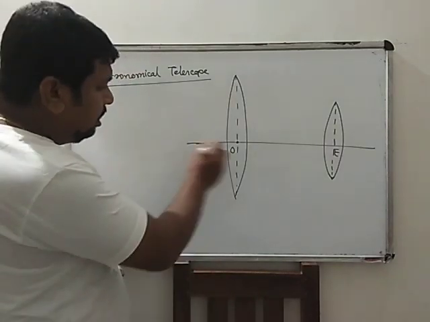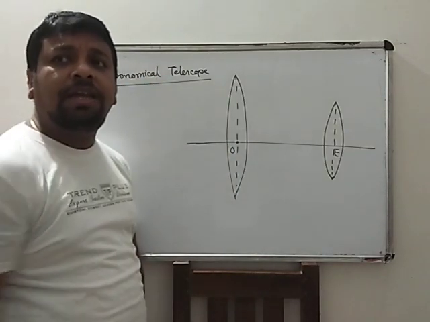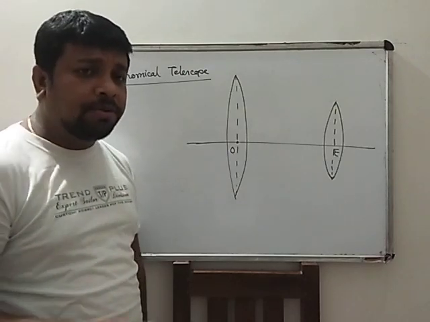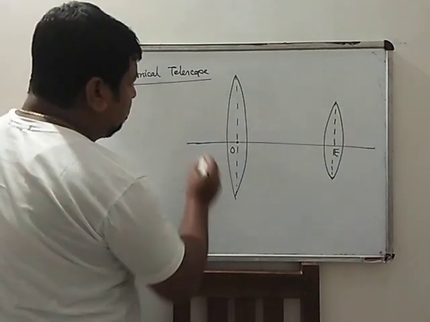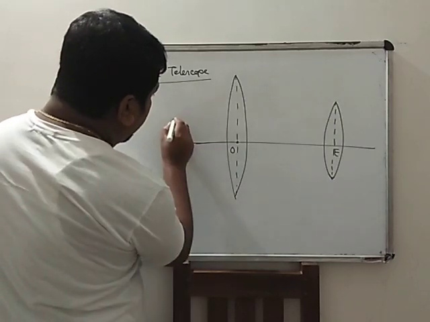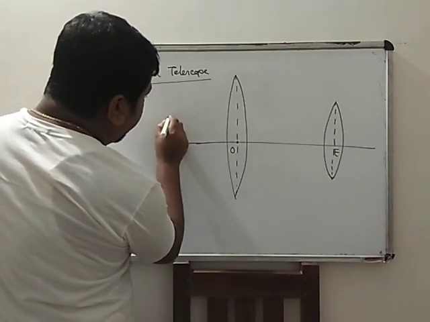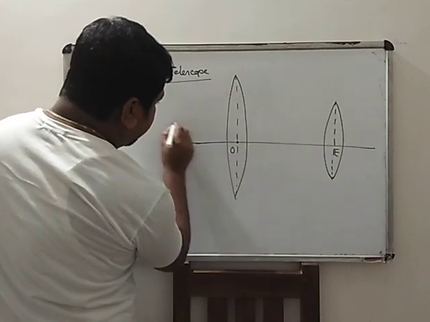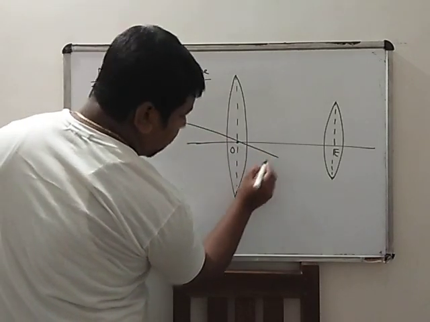In the telescope, the object is situated at infinity. So the rays of light coming from the object are incident on it like this.